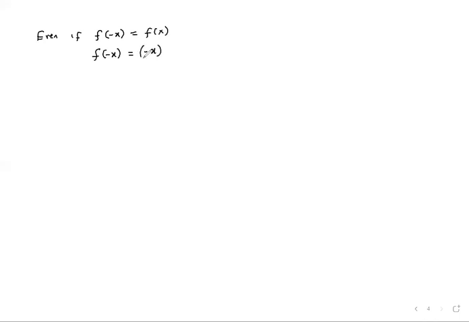So we have negative x squared minus 4 times negative x minus 5. This comes out to be x squared plus 4x minus 5. Remember, f of x is x squared minus 4x minus 5. So this is not the same thing as f of x. Not even.